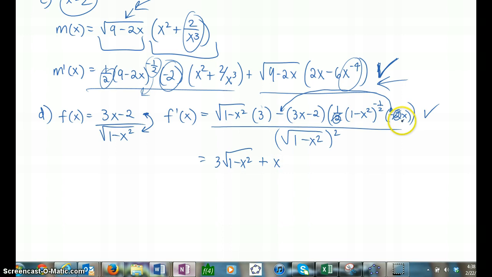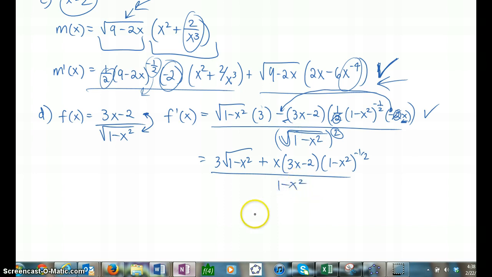And then I could write this x out in front here, just to make it look nicer. And then on the bottom, of course, this squared is going to cancel out with the square root, so I'll just be left with 1 minus x squared. Now that's still not fully simplified, but if I want to check if this answer matches the one in the back of the book, once again I could pick a value like x equals -1 and sub it into both and see if they match.